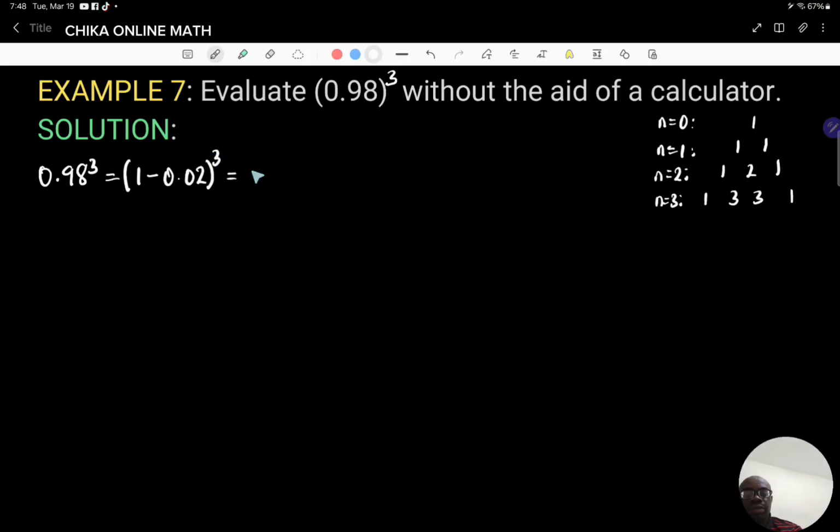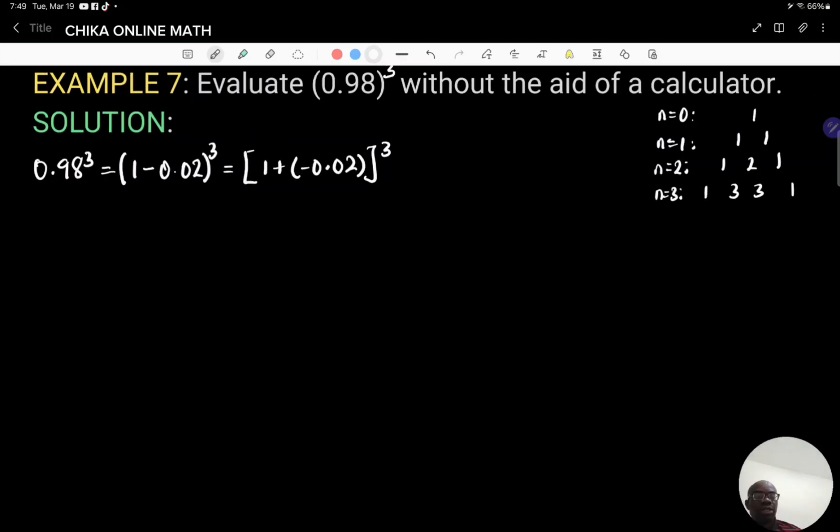This is the same thing as saying (1 plus minus 0.02) all raised to power 3. So our a is 1 and b is minus 0.02. We'll do the expansion using Pascal's triangle, so the coefficients are 1, 3, 3, 1.